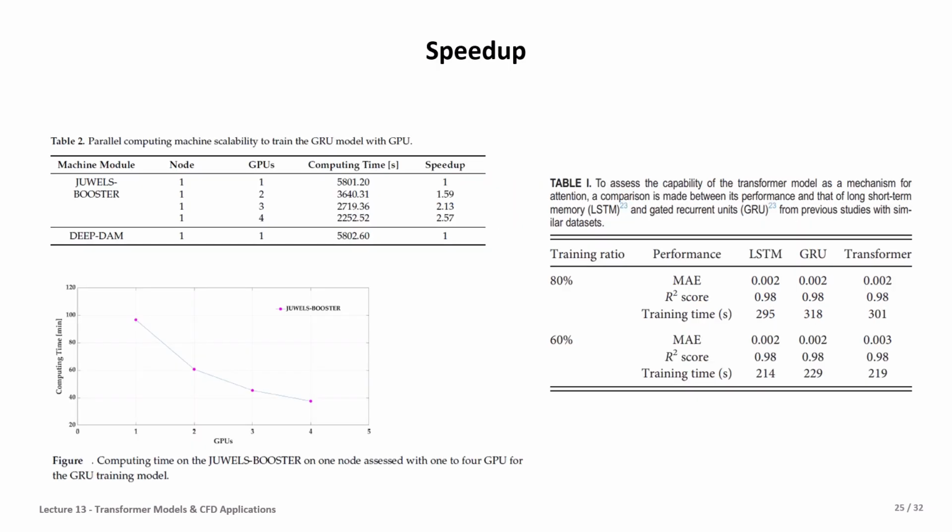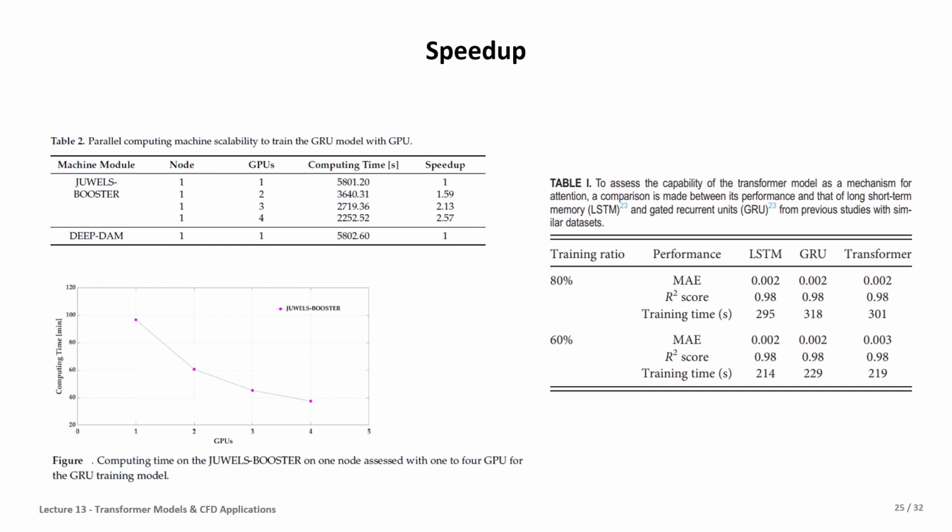Here there are also results for the speedup when increasing the number of GPUs. As you can see in table 2, there are the same node numbers on the JUWELS Booster system and also on the DEEP DAM module. With increasing GPUs on the JUWELS Booster, the speedup reaches more than 2.6 times that of the first single GPU.